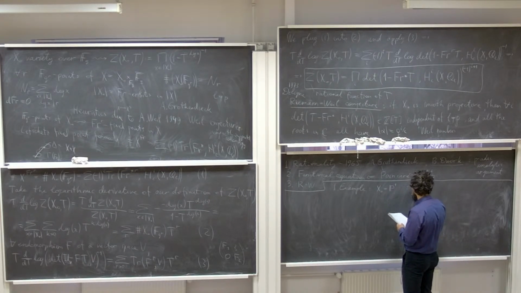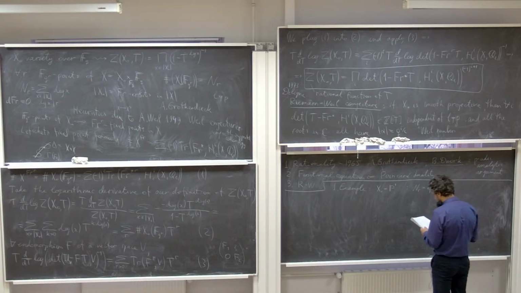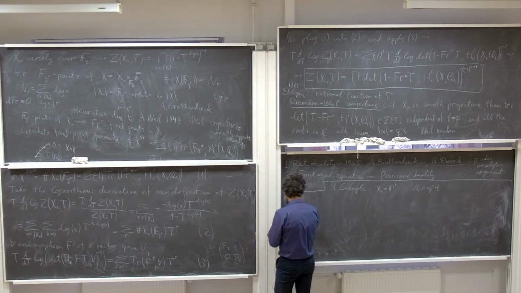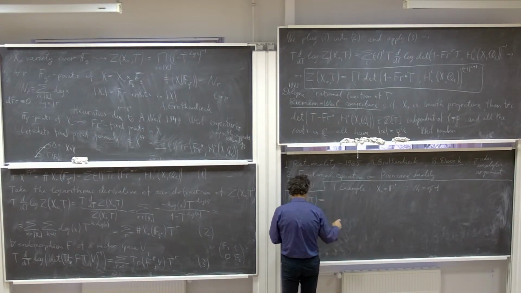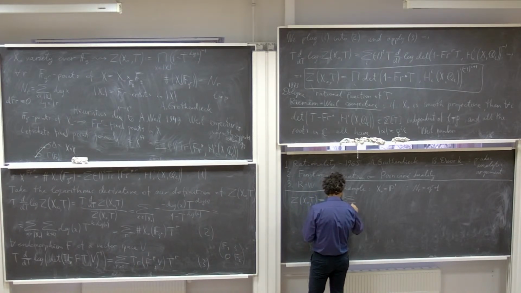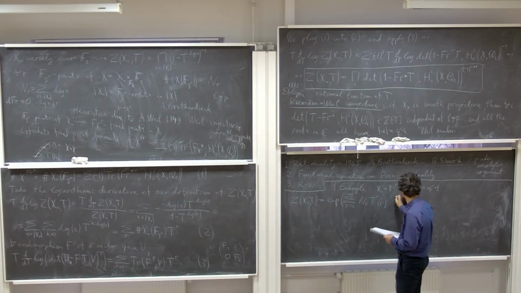We know that the number of points N_r is q to the power r plus 1. Also, last time we proved that the zeta function had another presentation, the exponential of the sum from r equals 1 to infinity of N_r t to the power r over r.